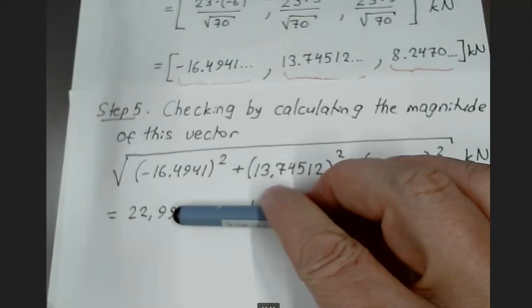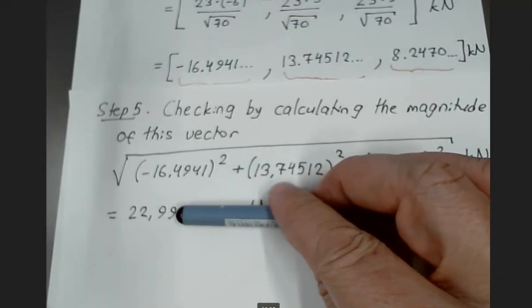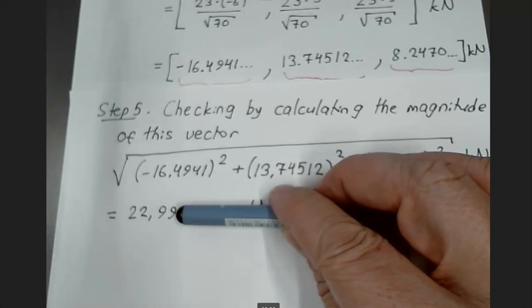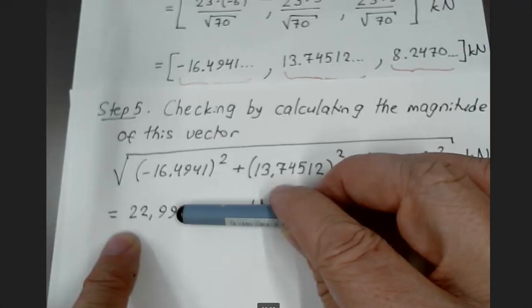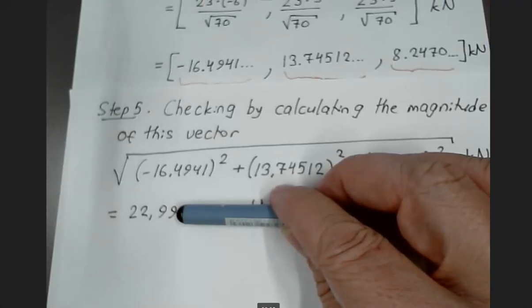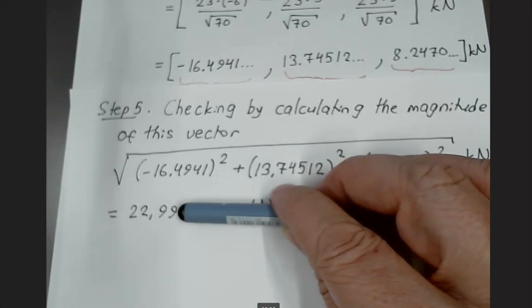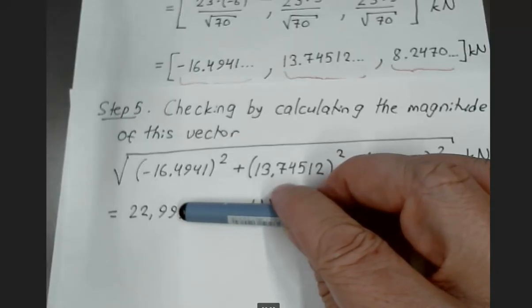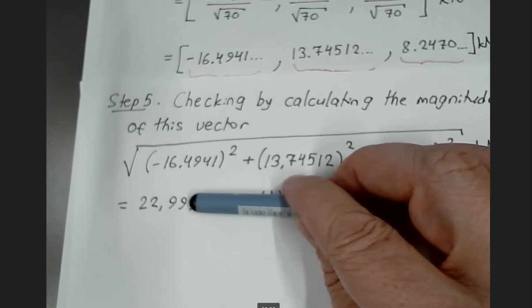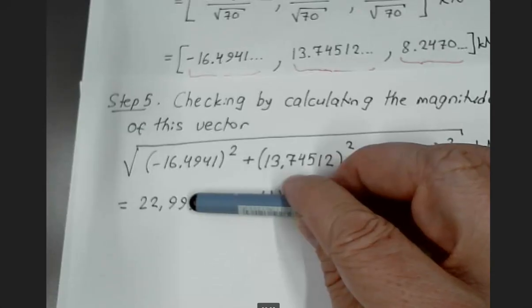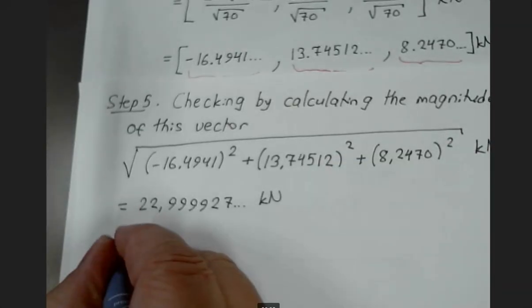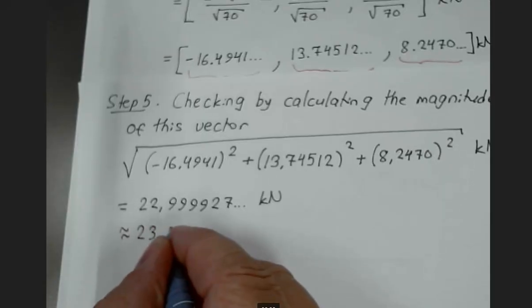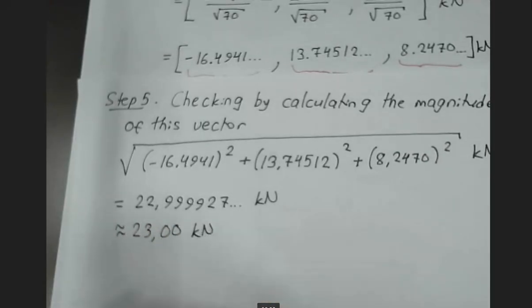So there we can see the first 4 numbers, and if we round this value with the precision of 4 numbers, we see the next decimal is 9, so this will round up to 23.00 kilonewtons.